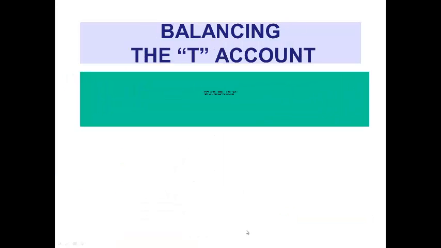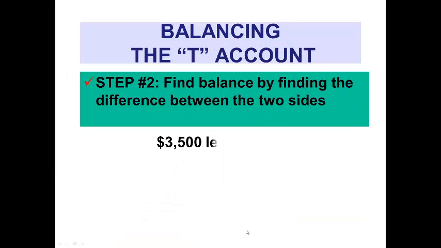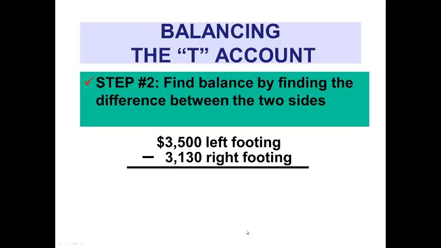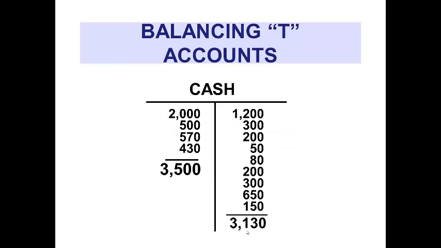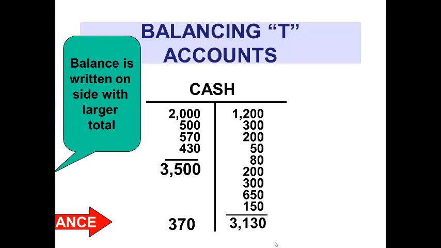So now it's time to balance out. The way we do that is we subtract the amount on the right side of the T from the total on the left side of the T. So we get 370. Okay, so 3,500 is greater than 3,130, so the balance of the account goes on the left side of the T.